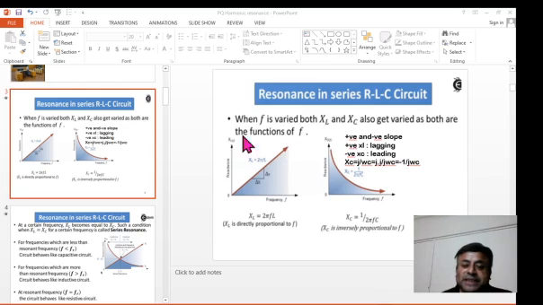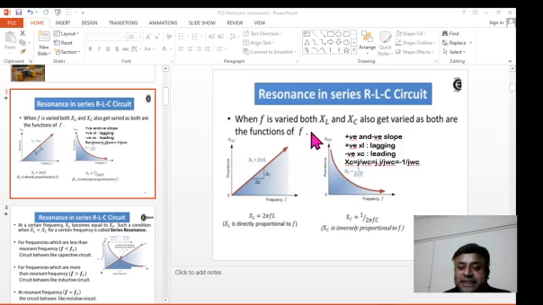Now this is regarding XL. Now we know that XC is equal to 1 upon j omega C. If I multiply and divide by j on both sides, I will get minus j upon omega C. The minus sign indicates that the slope is negative, and the minus sign also indicates that the power factor is leading.